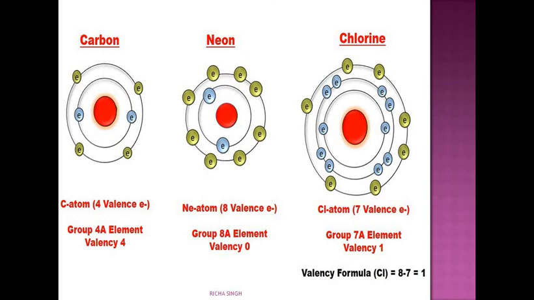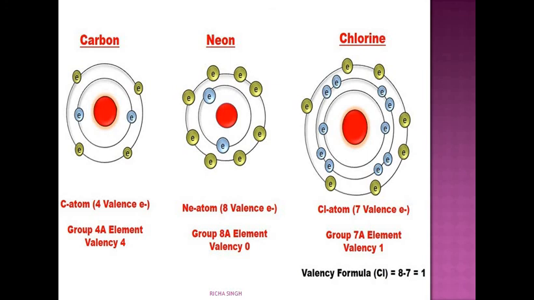For neon, you can see it has 8 valence electrons. So 8 means it has completed its octet. So its valency will be 0, and they are said to be inert gases, because they are non-reactive, they will not react since the octet is complete. So it is not going to show any chemical reaction.